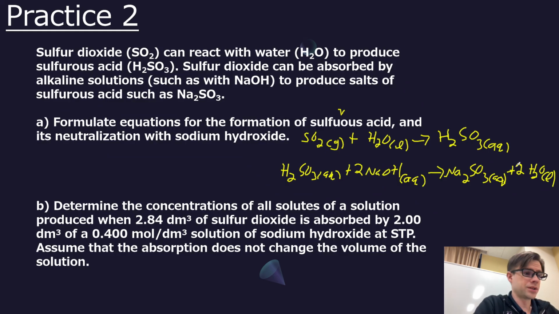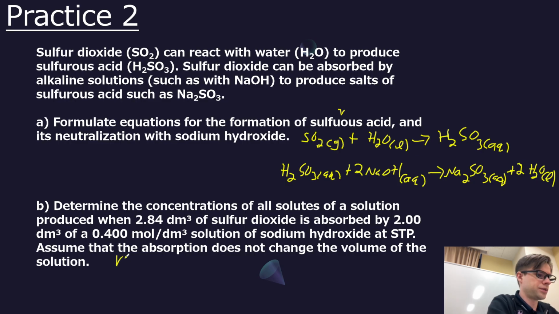So again, we want to just find the moles of everything that we possibly can and then try to find out what's limiting here. So sulfur dioxide has a volume at STP.